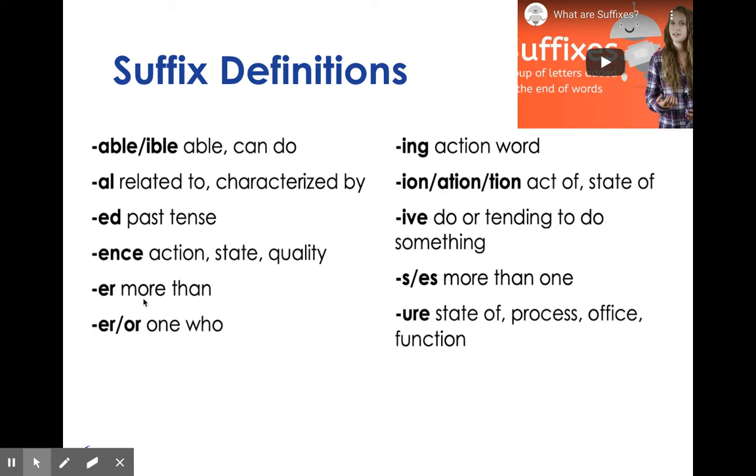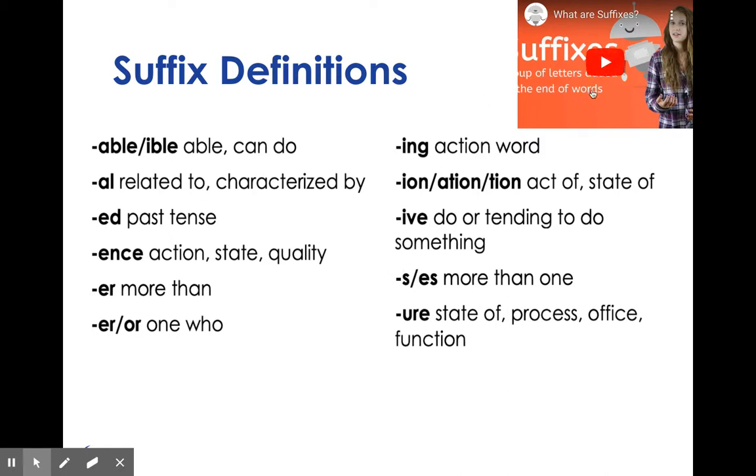Er at the end of a word means more than, or it also could be one who. All right, and again, we're going to get into some examples here in a minute. And then s is the other one you're going to see today, which is talking about more than one. So the plural form of a word would have an s at the end of it.